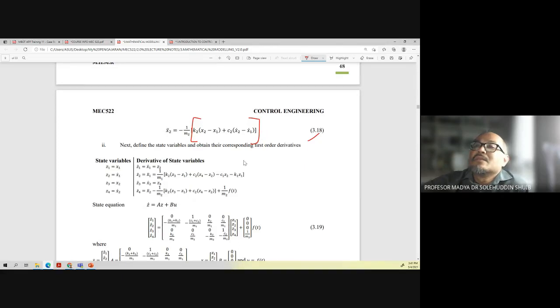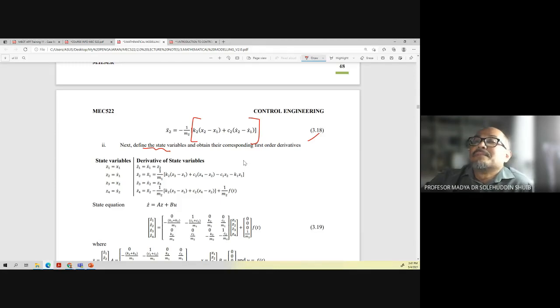We proceed to define the state variables and get their corresponding first order derivatives. We define z1 until z4 to equate with x1, x dot 1, x2, x dot 2. So we will have to substitute it.